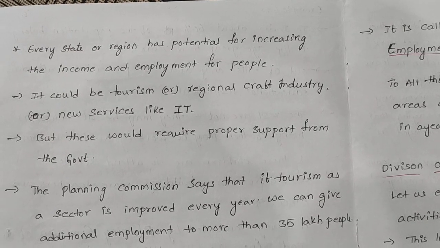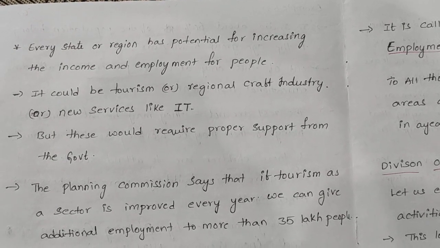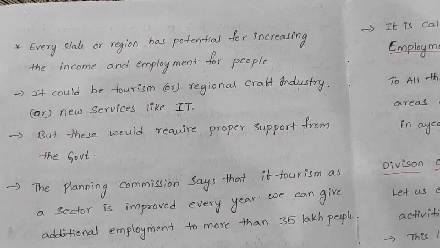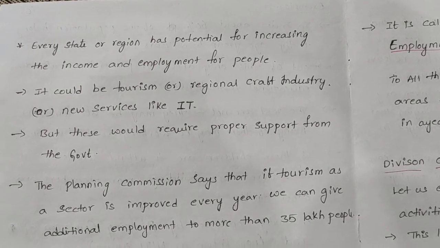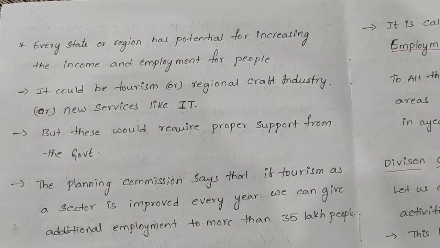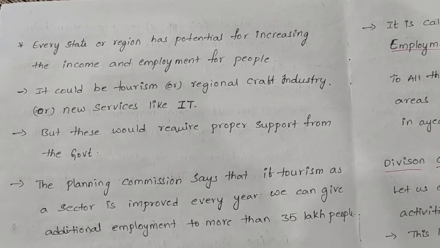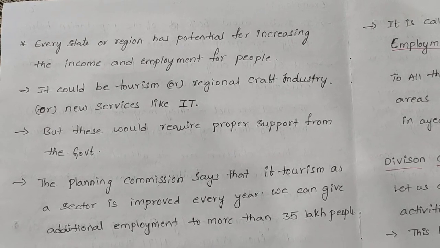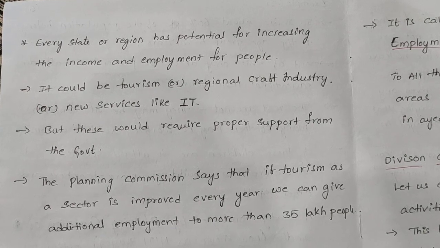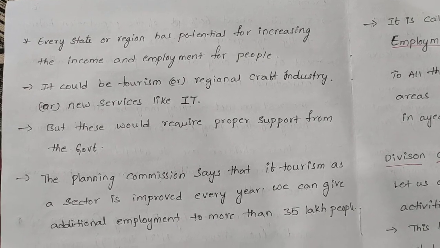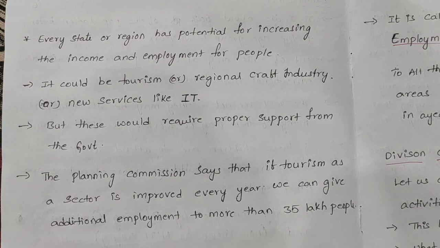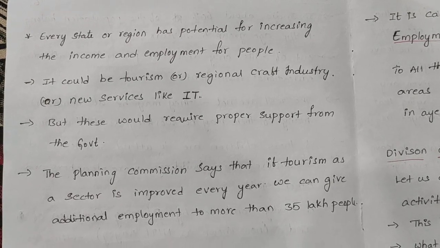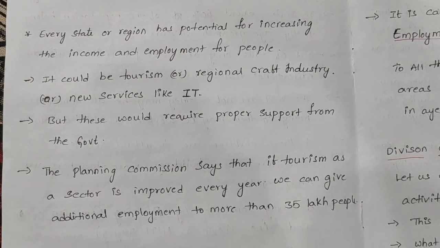In the same way, every state or region has some potential to increase income or employment in its region. How can they do it? By developing tourism, regional craft industries, or new services like IT. But for all these things, we require the support of the government.